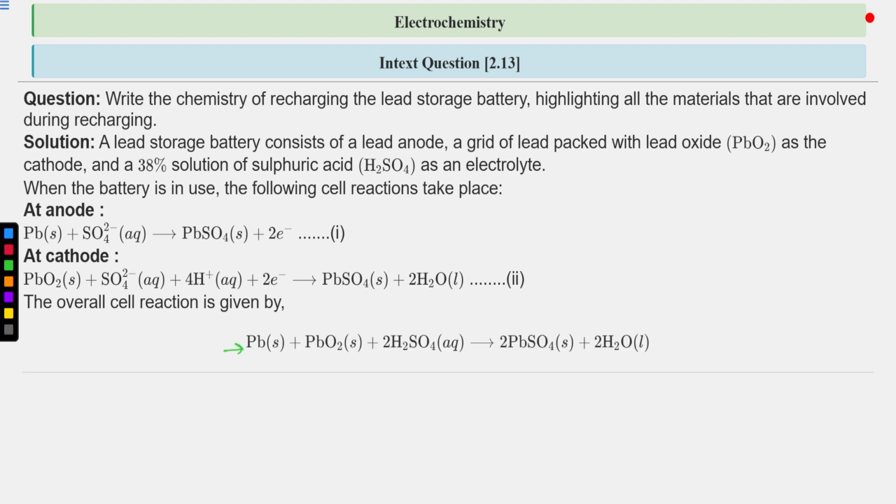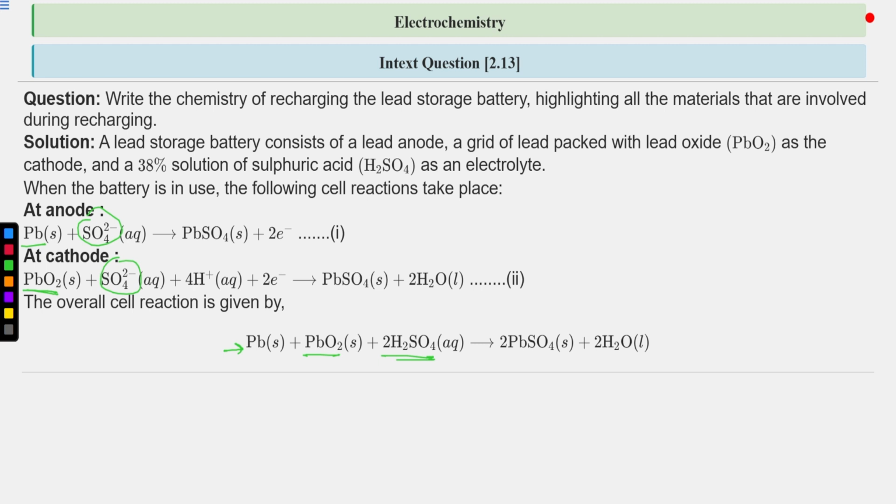You just have to cancel out first of all the similar things which can be present at the left and the right side of the arrow. After the cancelling out, whatever will be left, that will be present in our overall cell reaction. So lead will combine with the lead oxide and it will combine with the 2 molecules of H2SO4, because here we have H2SO4, here we have H2SO4.